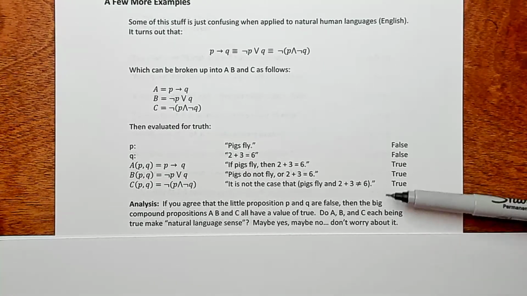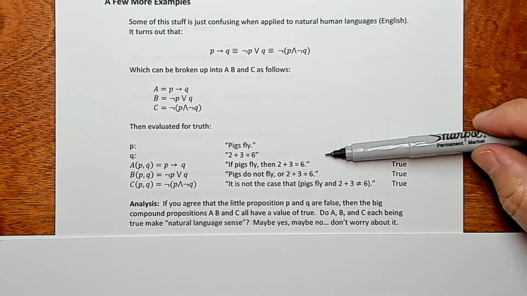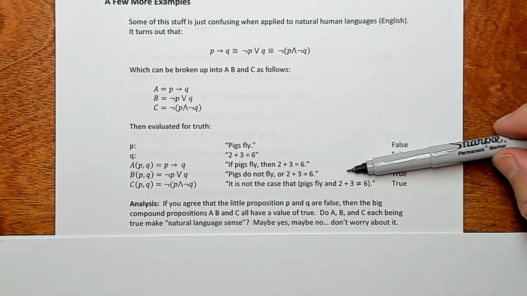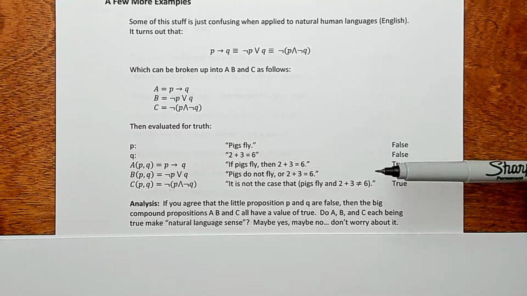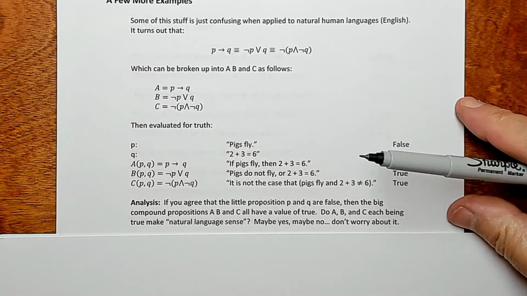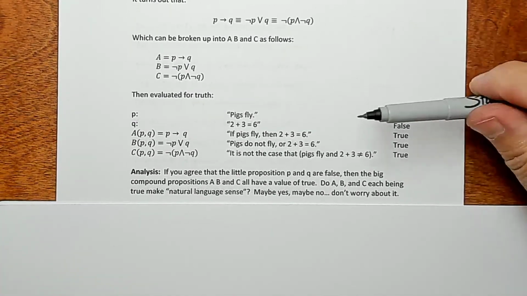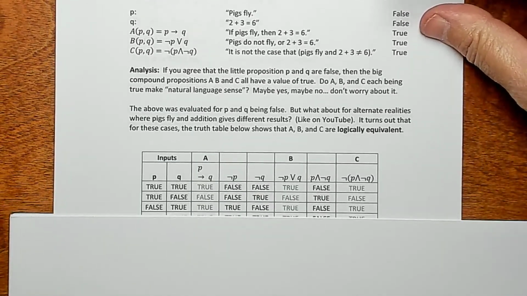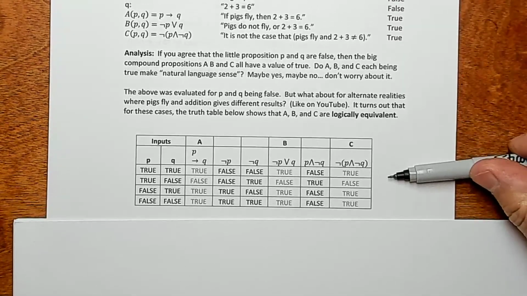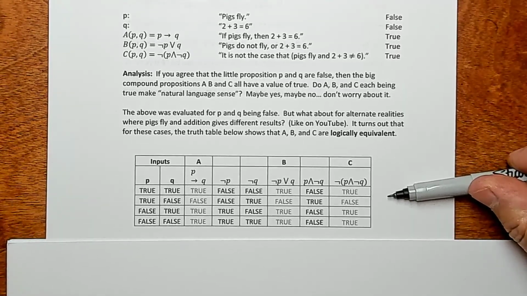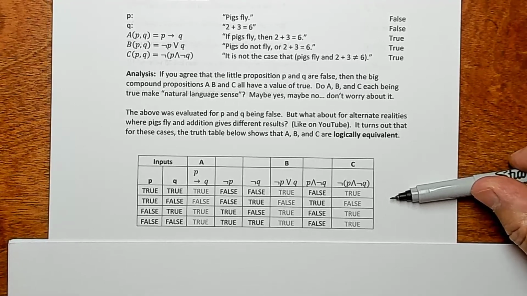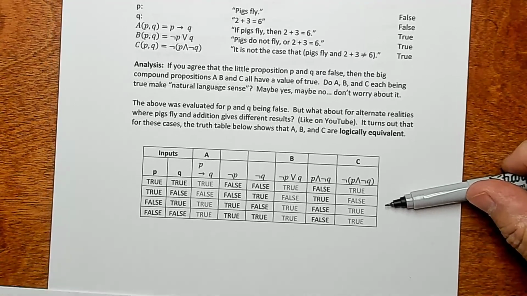For us coders, one way to put it is we can't tolerate this kind of ambiguity. We have enough things to worry about just getting our semicolons in the right spot. Anyway, here's the table that proves that these guys are logically equivalent.